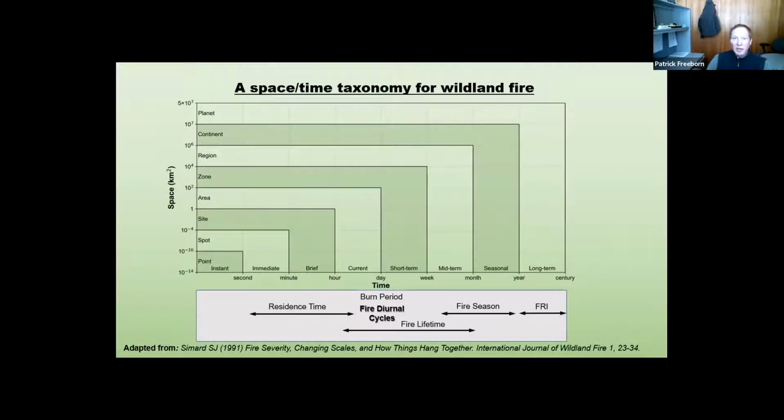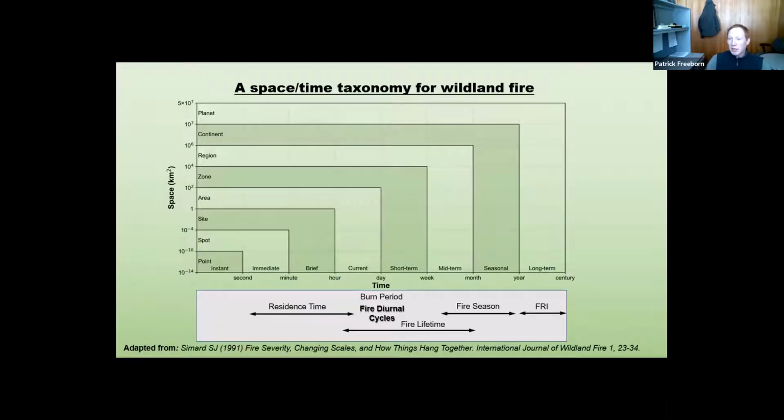For example, residence times can range from seconds to minutes to hours, depending on the fuels, or depending on whether you're just talking about flaming combustion or the entire combustion history. The burn period is the time of the day when fires spread most rapidly, and that resides within the fire diurnal cycle, doesn't it?